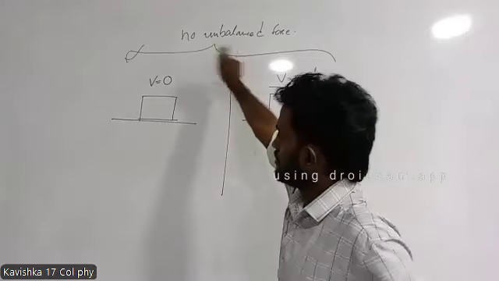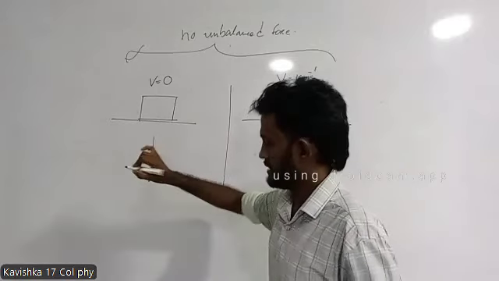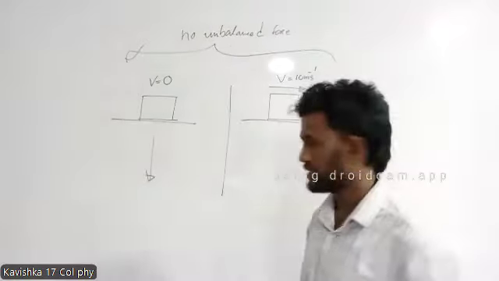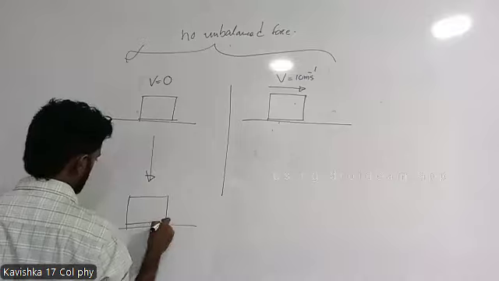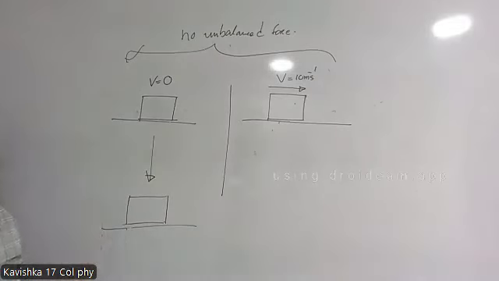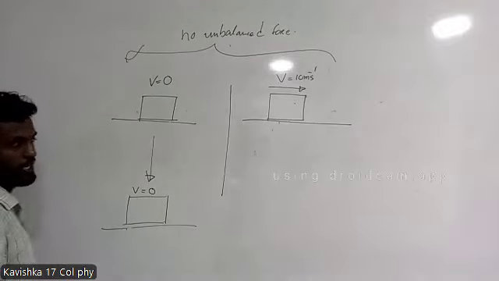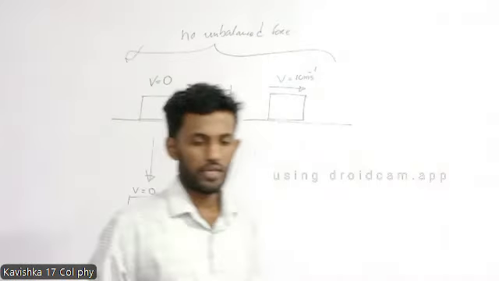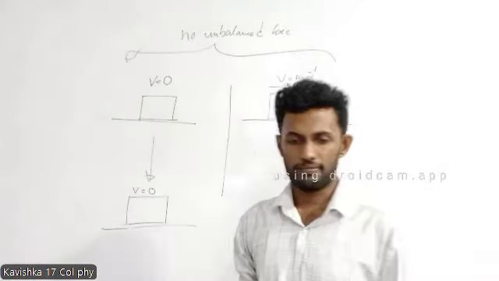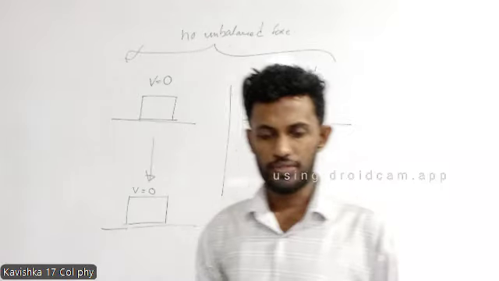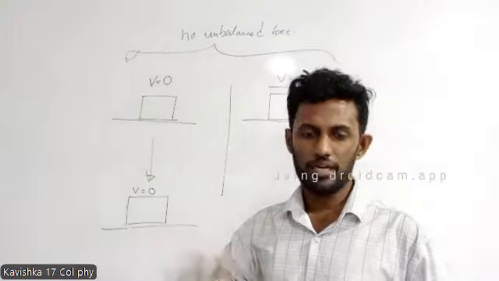If there is no unbalanced force, an object at rest will remain stationary, velocity zero. Since there is no unbalanced force, nobody is pushing or pulling. Sometimes someone can push or pull, but it is not an unbalanced force.